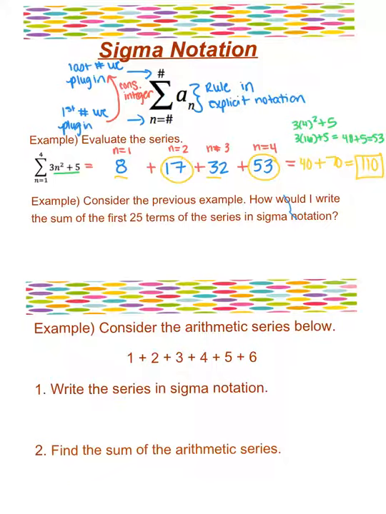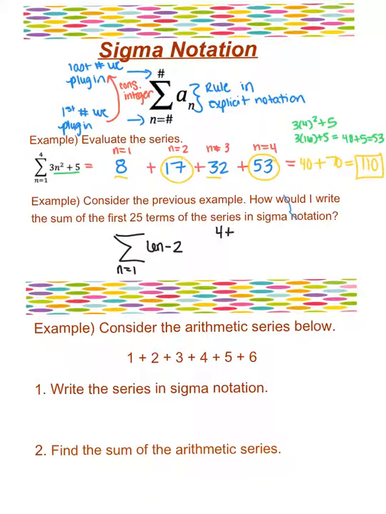Okay, so let's consider the previous example. How would I write the series, the sum from n equals 1 to 25, the first 25 terms in the series, in sigma notation? First, let's start by drawing my sigma. I know my rule, my a sub n, was 6n minus 2. And I would be starting with 1, because if I plug in the 1, that's how I would get the 4.